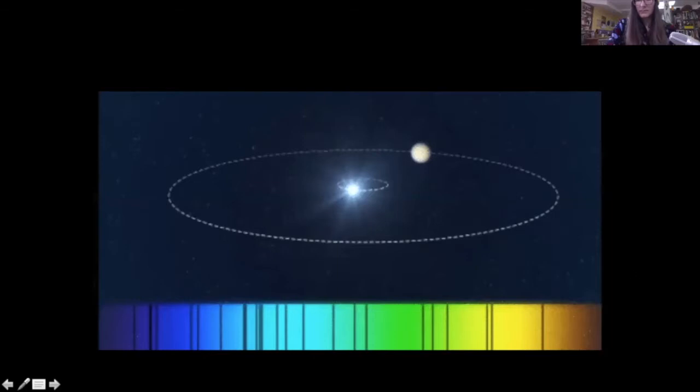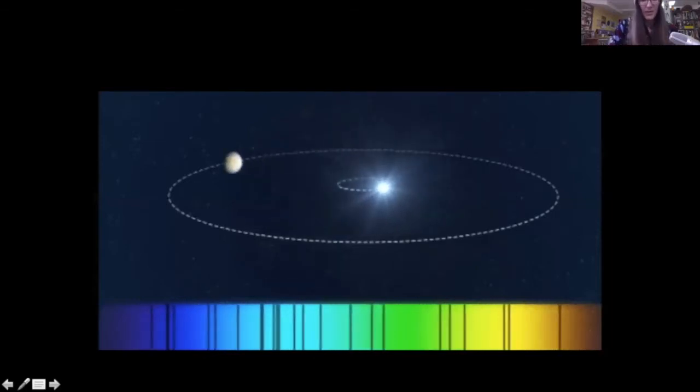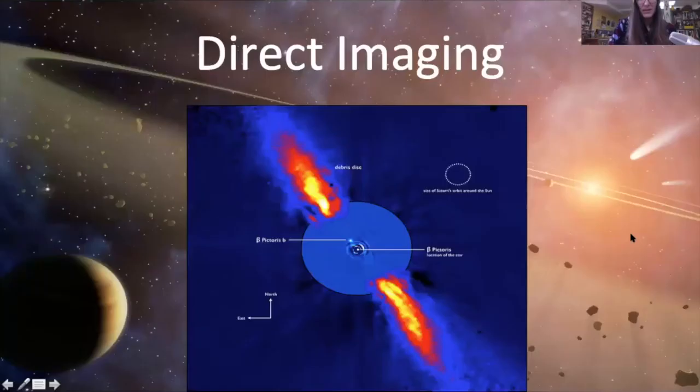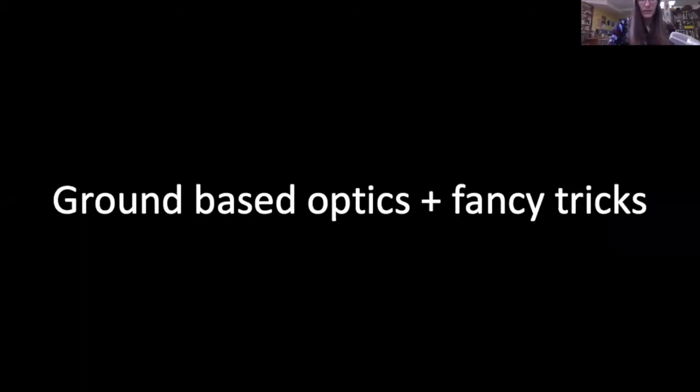Okay, great. I'm going to keep sharing my screen, and we're going to talk about the last way we detect exoplanets that I'm going to be talking about today. So we're just talking about the Doppler shift, or the wobble method. So now we're going to talk about directly imaging these exoplanets, because it would be so cool to actually see an exoplanet, or planet around another star, but it's really, really hard to do that.